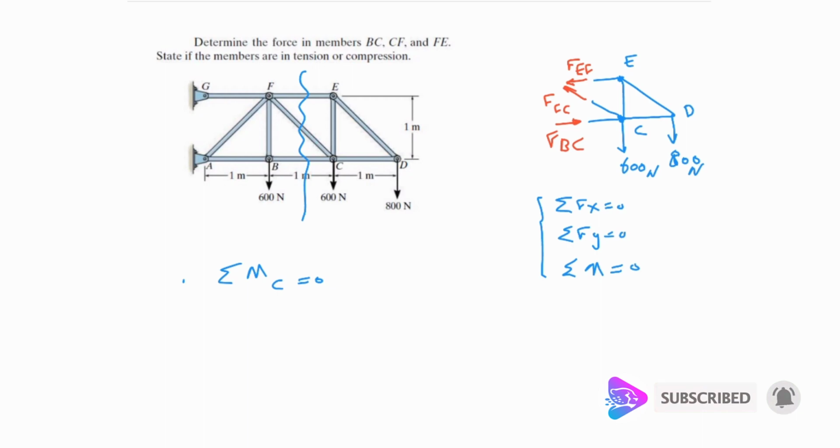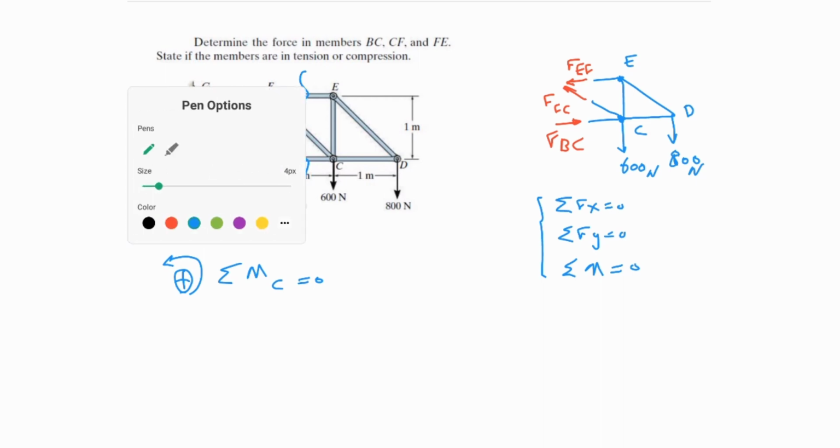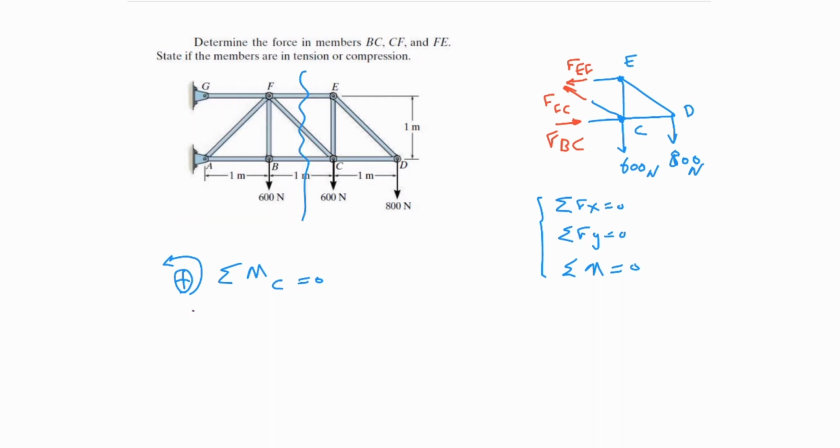Okay, then let's get started with sigma m around point C. If we do that, the only force that is making moment around the point C, and let's assume that the counterclockwise direction is the positive direction of the moment. The only point which is making moment around point C is 800, and also we have FEF which is making the other moment.